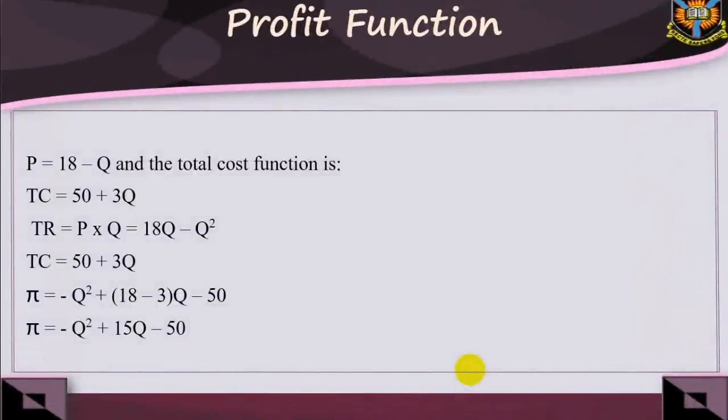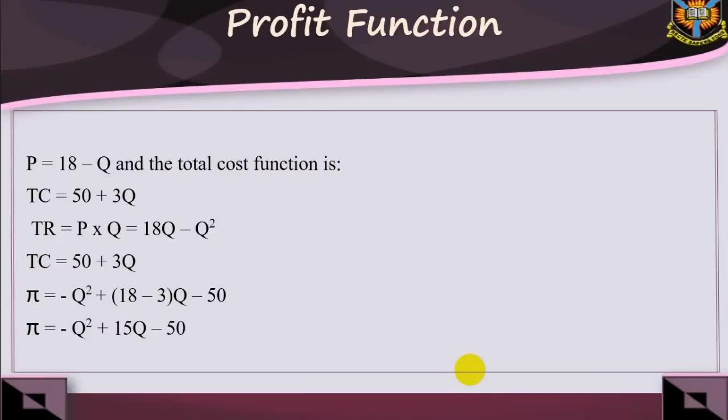TR equals P times Q, which equals 18Q minus Q squared. TC equals 50 plus 3Q. Pi equals minus Q squared plus 18 minus 3 in bracket times Q minus 50. Pi equals minus Q squared plus 15Q minus 50.